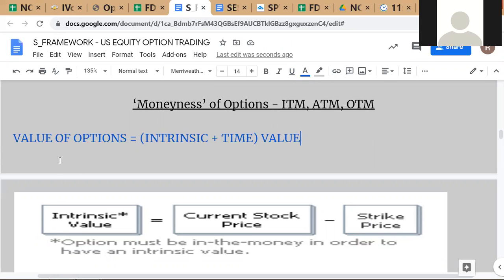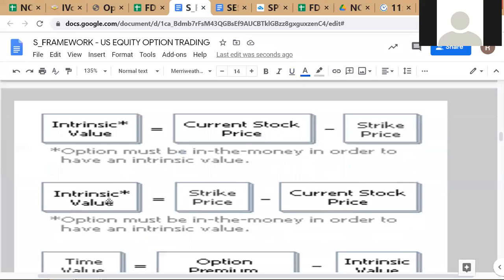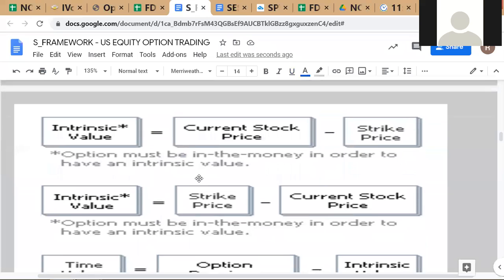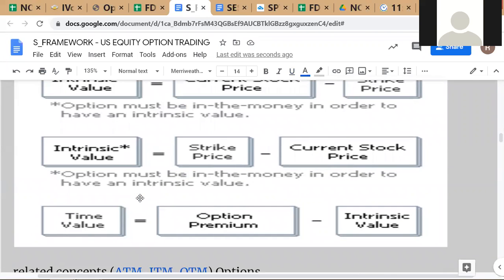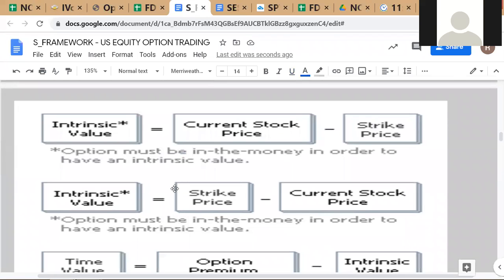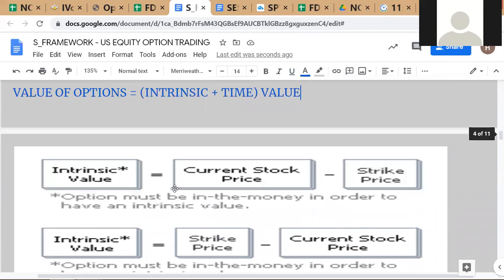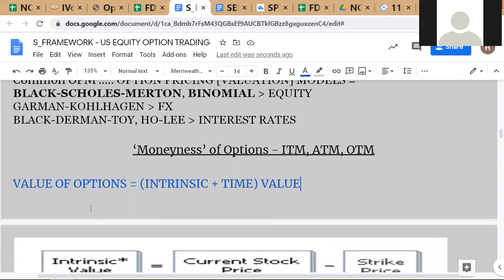Okay. So this hyperlink is there. I mean, you see where this picture is taken from. I just wanted to put it in here so that we don't have to open any links as such. Okay, so this is basically what we mean. What we are learning here is that the value of any option has two components.